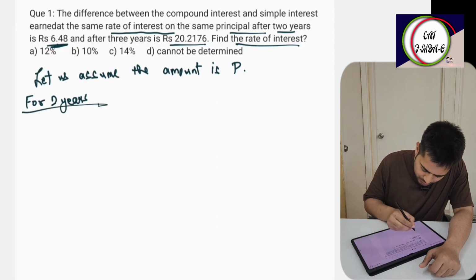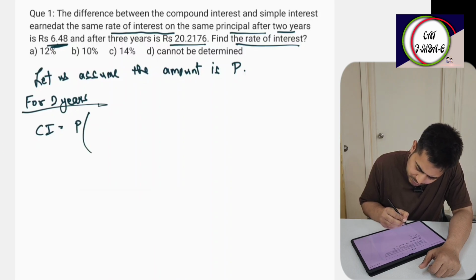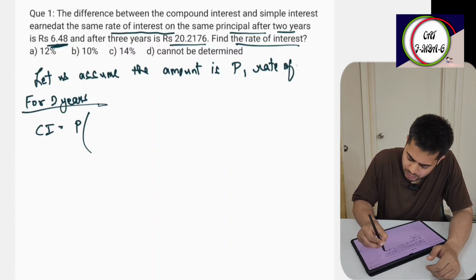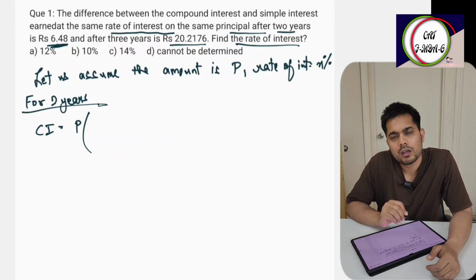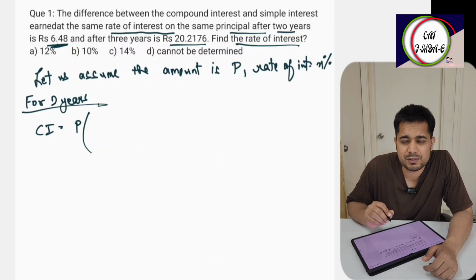So compound interest will be given as P, and what is the rate of interest? Let us assume the rate of interest is X%. For the sake of convenience, we will not be taking X by 100.